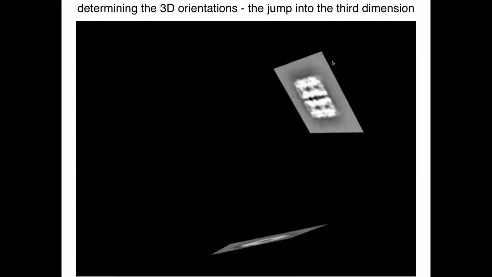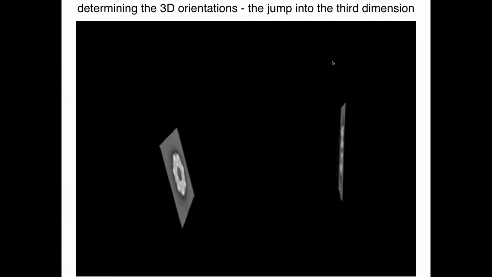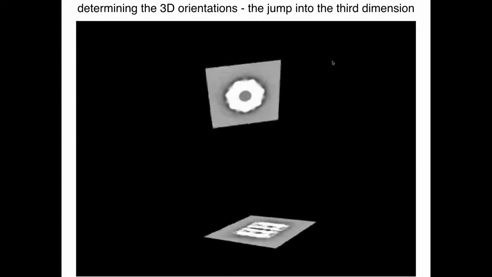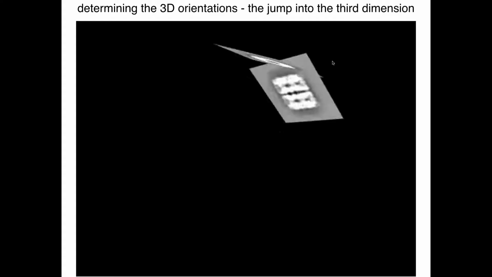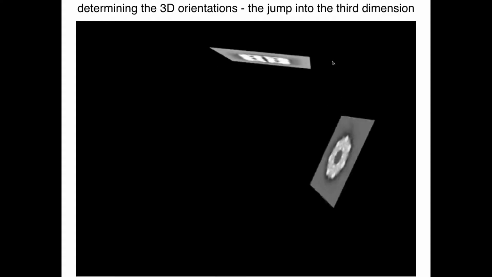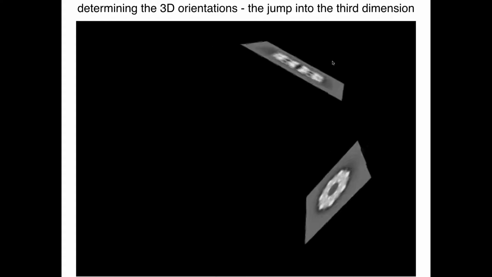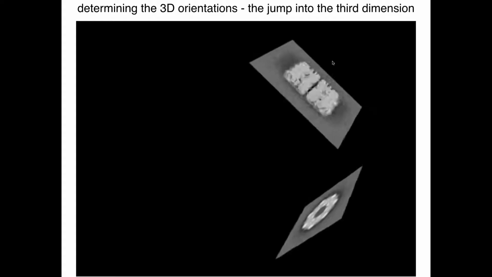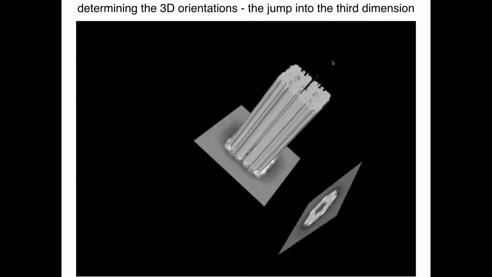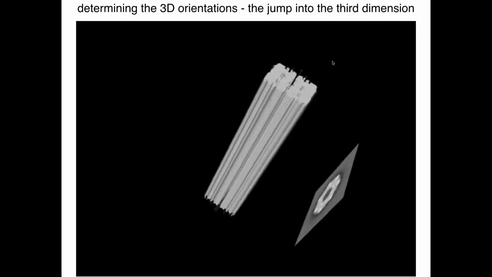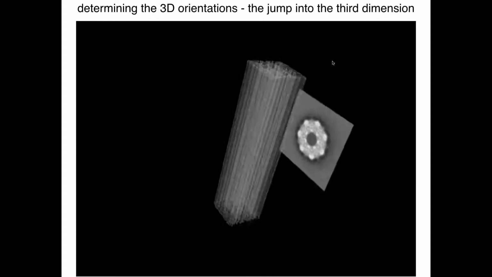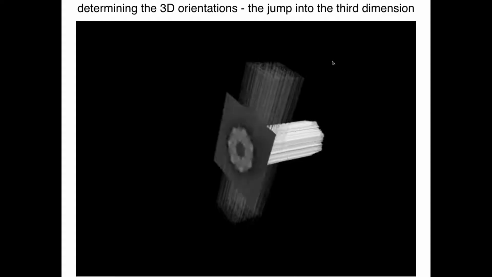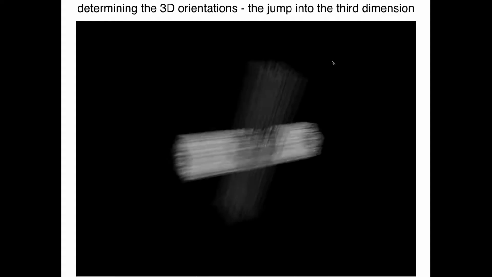So if we have 2 images, then we can search for their relative orientations, and of course these relative orientations can be in different areas of 3D space. This search is computationally challenging for numerous reasons, for noise and misalignment and so forth.